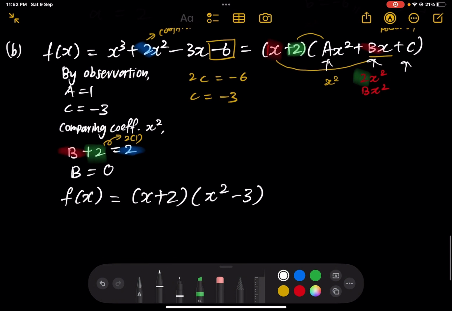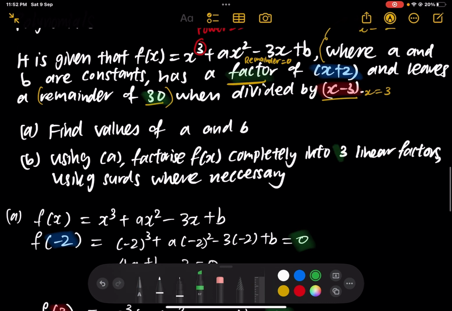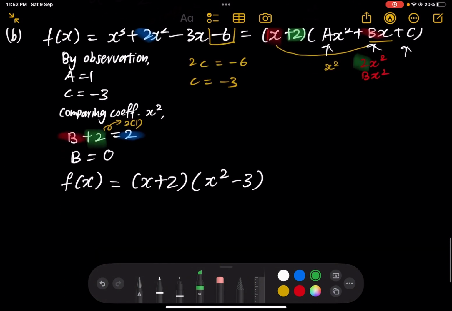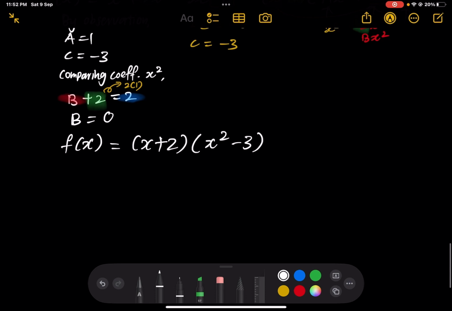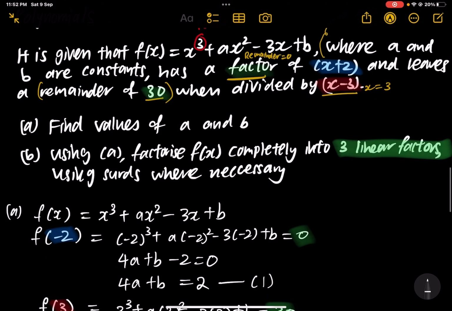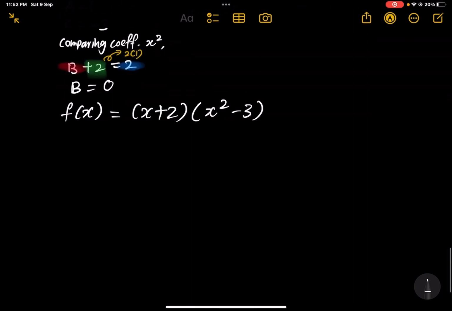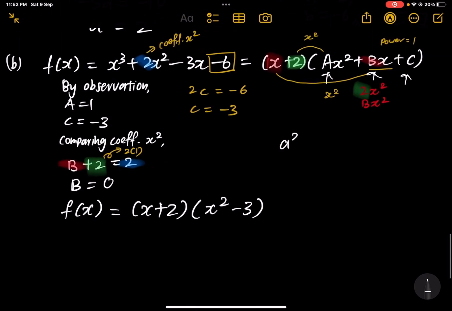Now they said they wanted 3 linear factors. I only have 2. But let's see, actually, I can factorize this because the question says using surds when necessary, and they want 3 linear factors. So I can factorize this. You have your rules: a squared minus b squared gives you a plus b, a minus b.